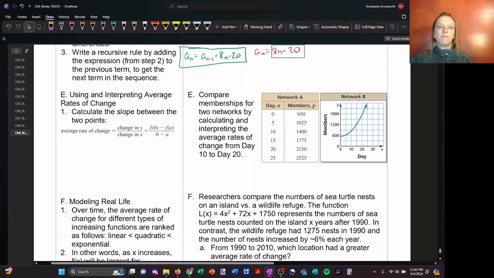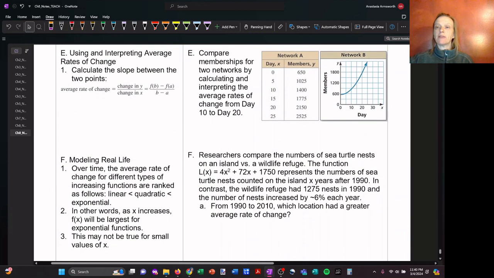All right. More importantly than being able to write that recursive rule is using and interpreting average rates of change. I mentioned at the start that this was basically like calculating the slope of a line, but it doesn't need to be a straight line to want to calculate this average rate of change. Here I've got two networks with their membership numbers.